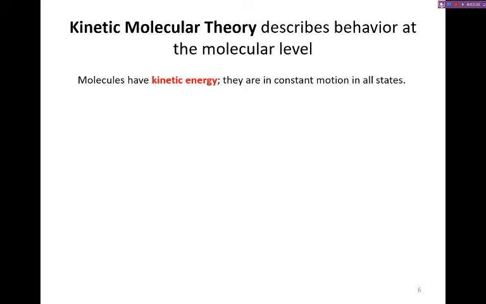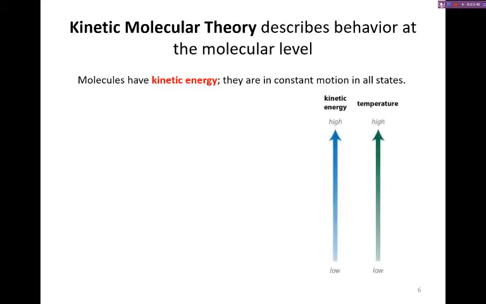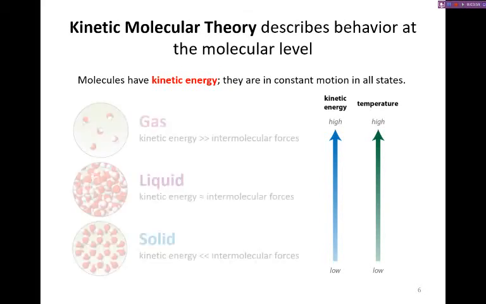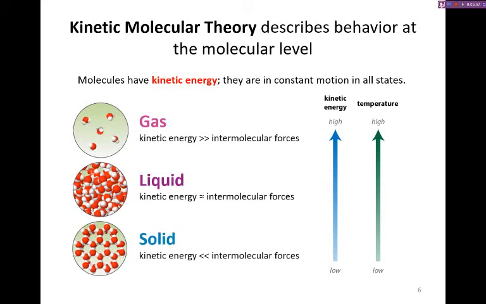We use the kinetic molecular theory to describe what's happening at the molecular level. We know that all molecules have kinetic energy. That is, they're in constant motion in all states. And kinetic energy also is proportional to the temperature. For gases, their kinetic energy is much, much higher than their intermolecular forces.